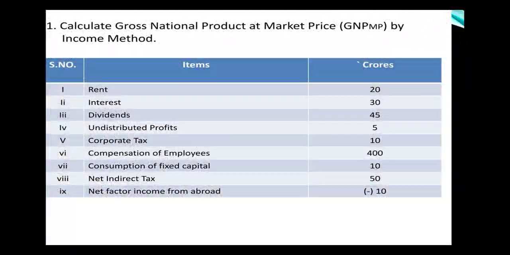Now come to the numerical portion. This numerical is of the income method. Look at the items: rent, interest, dividends, undistributed profit, corporate tax, compensation of employees, consumption of fixed capital, net indirect taxes, and net factor income from abroad. Here also some items are unwanted.